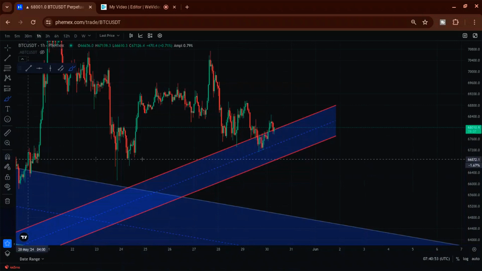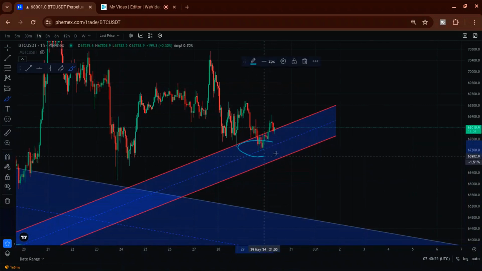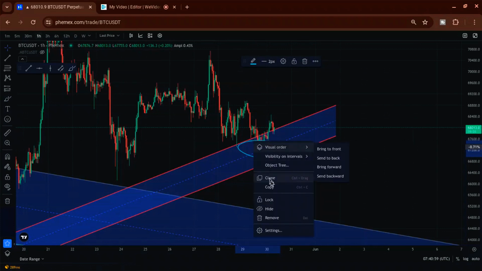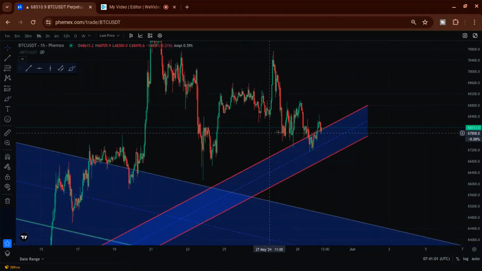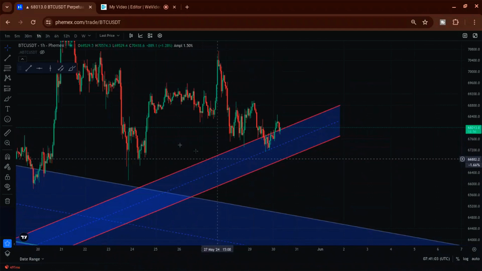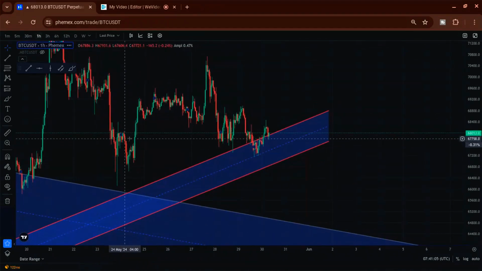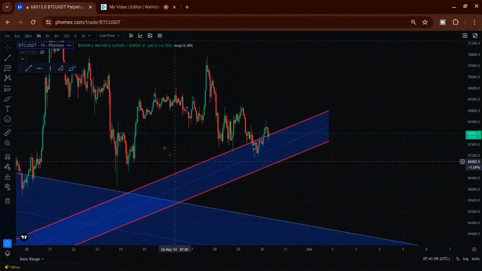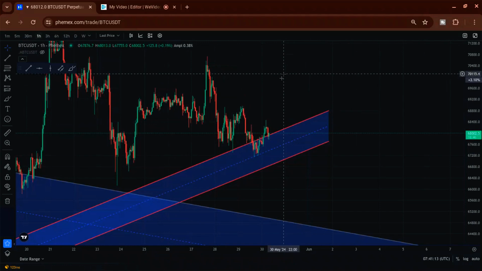Turn my magnet off. Look at that. Boom. First of all, it came down and tested the top of the red. In my last video, I think I left off through this area here, and I was saying I do believe it's going to come down to the red and test that. It actually hung up there about a day and a half longer than I thought it would.